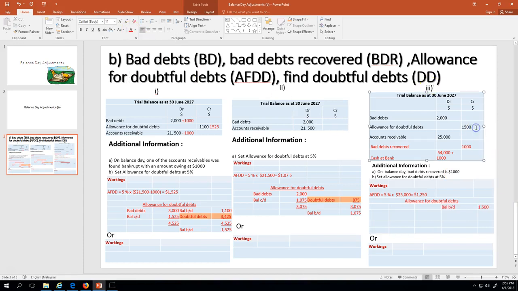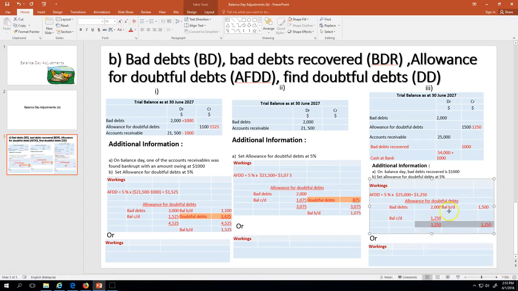Then we put our 1,250 next to each other. Make sure it's a different color so that you know it's a balance CD. Remember, whatever we count is always at the end of the financial year, so it's balance CD. Okay, so the next item is to record the bad debts, followed by the balance CD, and we balance the account.